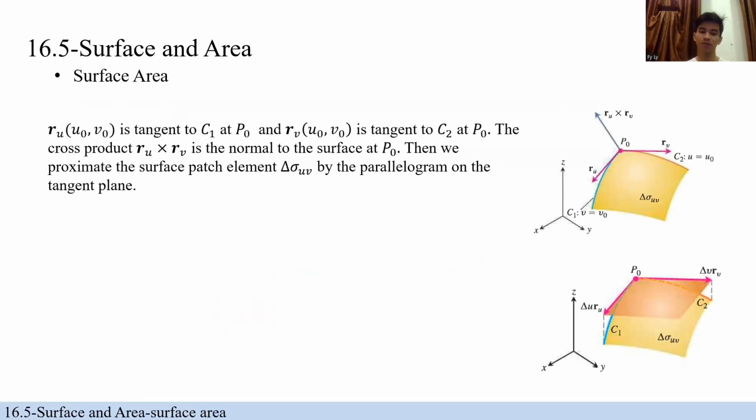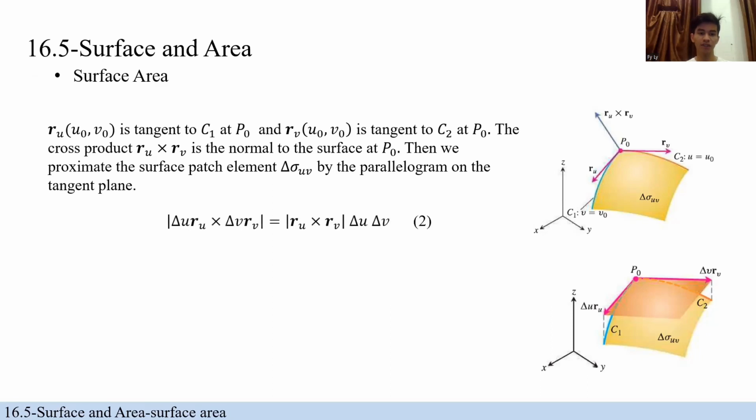The cross product of r_u and r_v is normal to the surface at P0. For the element delta sigma sub uv, we assume that it is a parallelogram on the tangent plane.